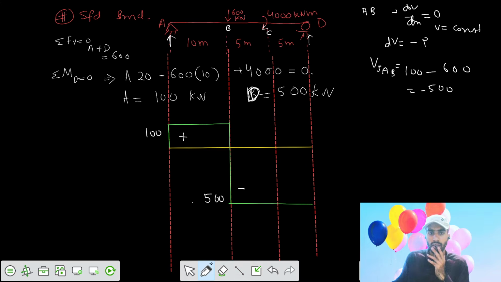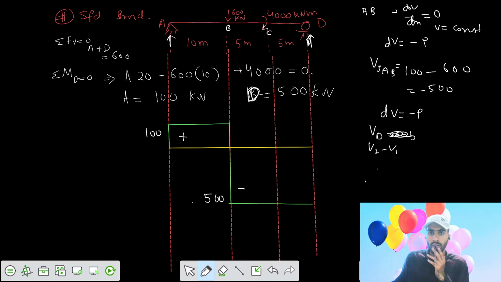After that, we can also write dV equals minus P. We need the shear force at point D, which equals the shear force just before D, which was minus 500.